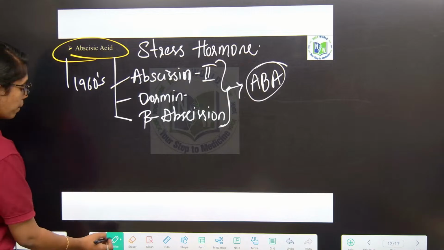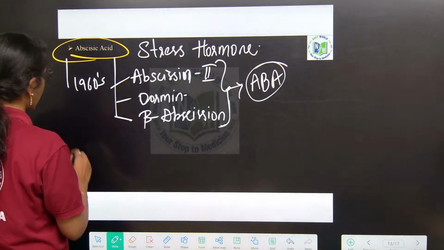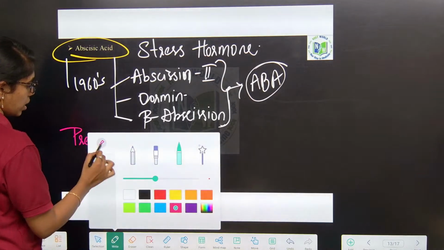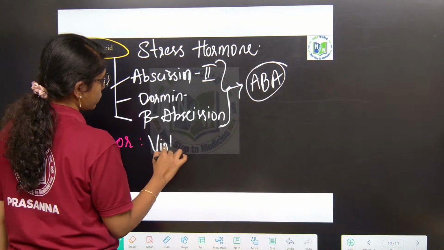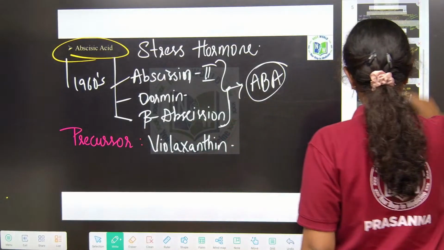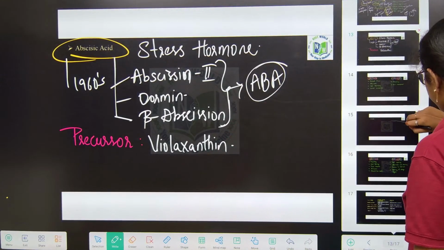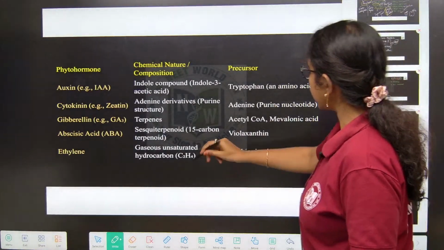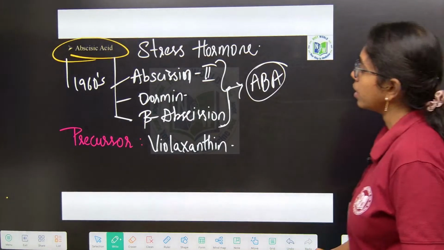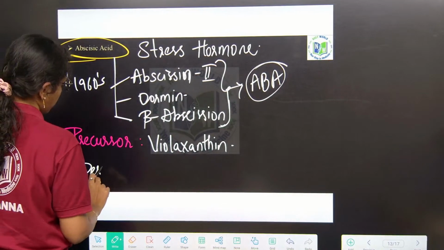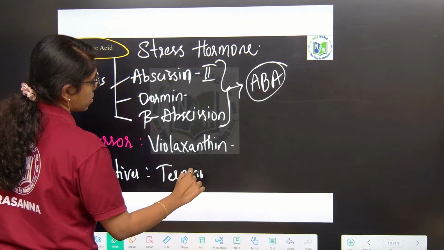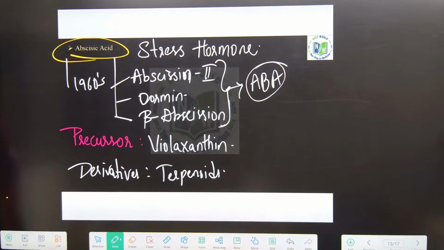The precursor of abscisic acid is violaxanthin, and these are derivatives of terpenoids. Fine, clear with the discovery, precursor and derivatives, right?